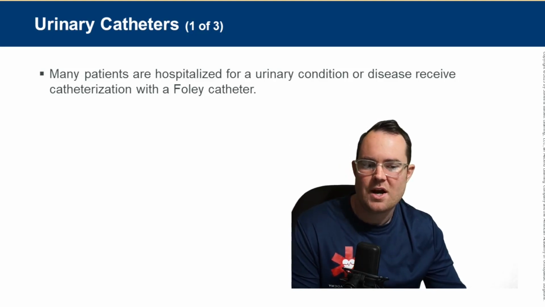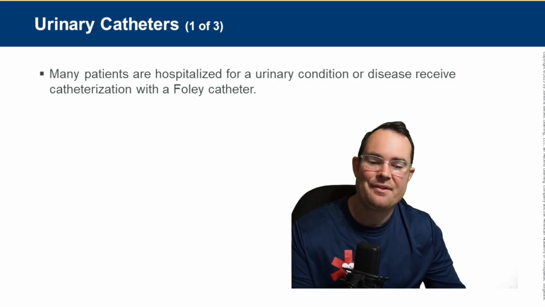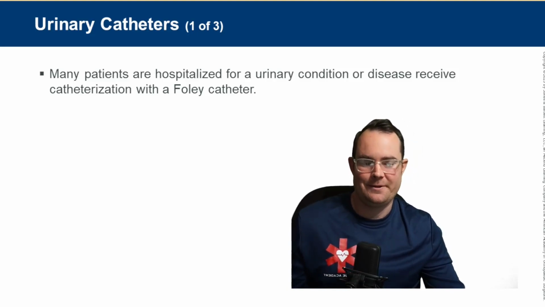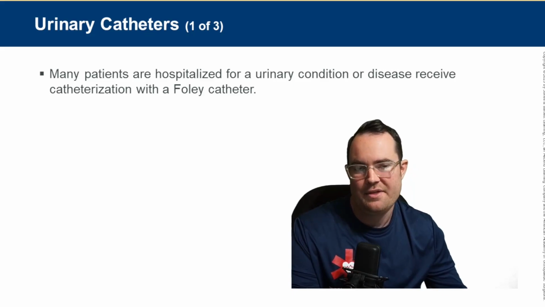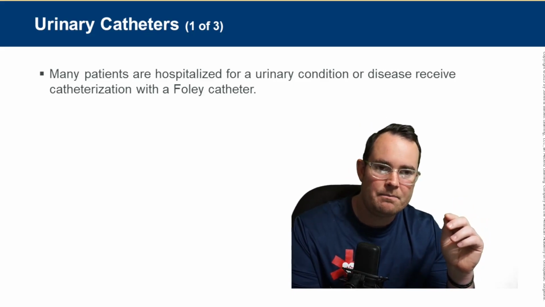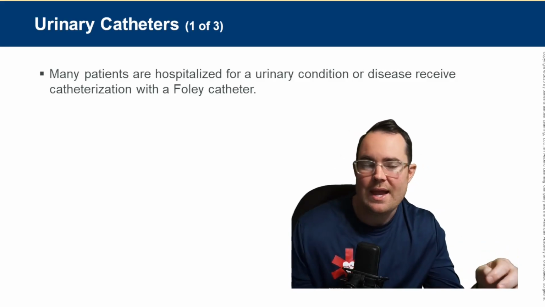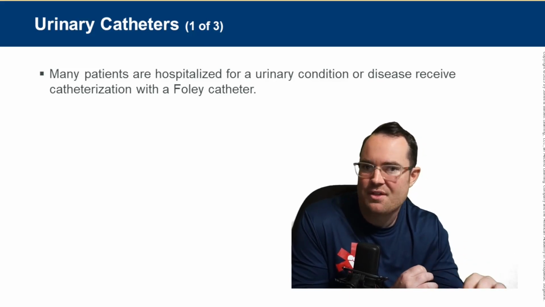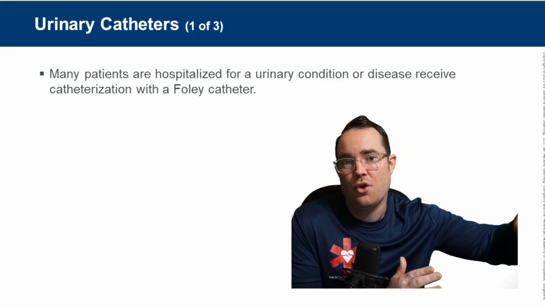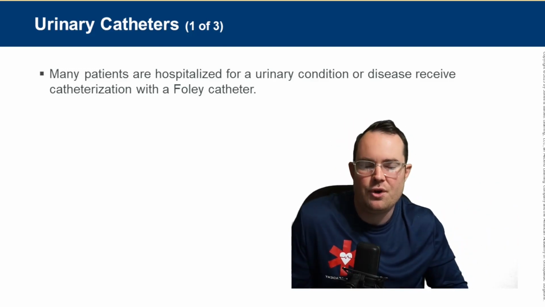Many patients hospitalized for urinary conditions or disease receive catheterization with a Foley. Understand that patients that have urinary retention or urinary issues need a Foley catheter, where a plastic catheter gets inserted into their urethra, and that catheter allows urine to continuously flow without the patient having to urinate.